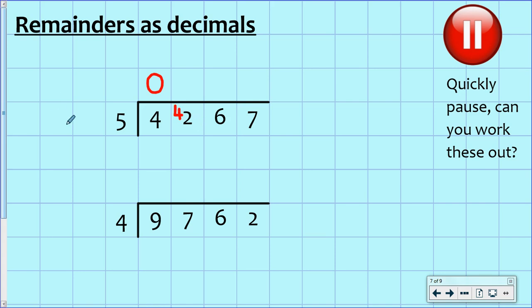Okay, 42 divided by 5, I can get 8 groups of 5 with 2 left over, so exchange that. 26 divided by 5 is 5 with 1 left over, and 17 divided by 5 is 3, but I've still got 2 left over, so I'm going to put in my decimal points.